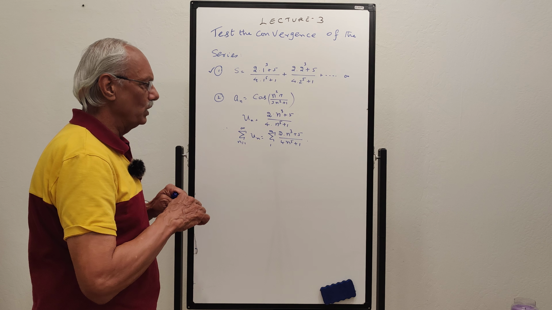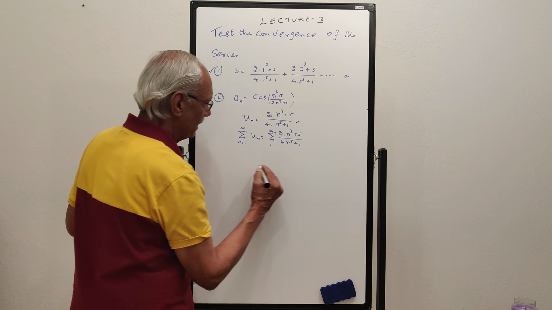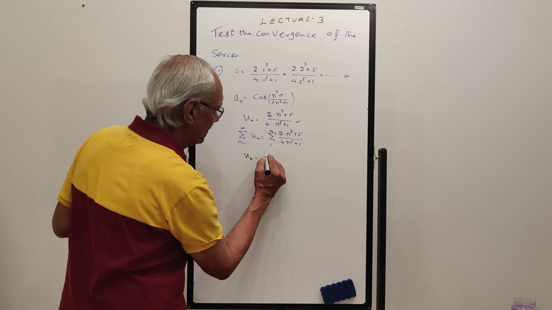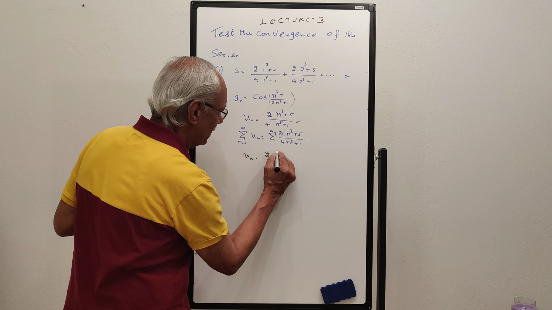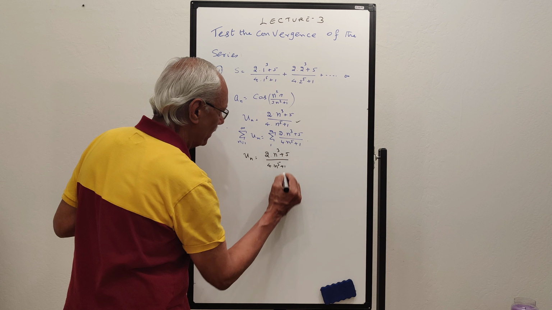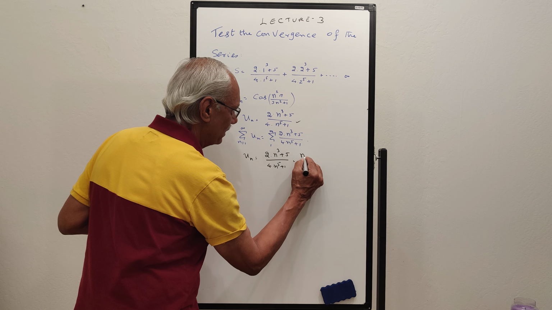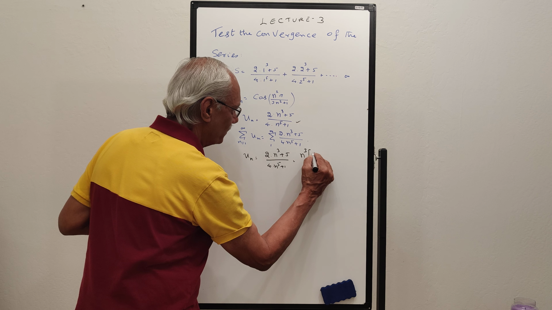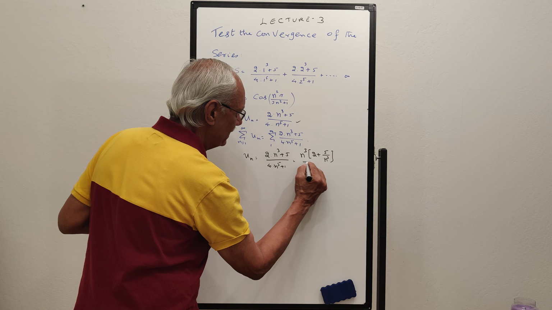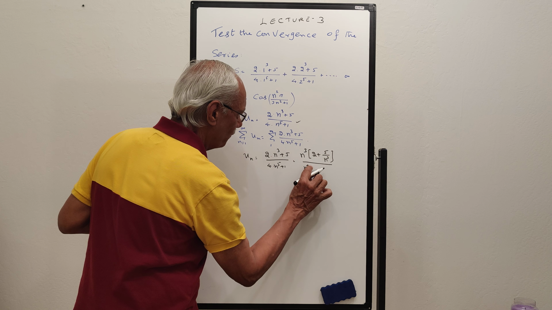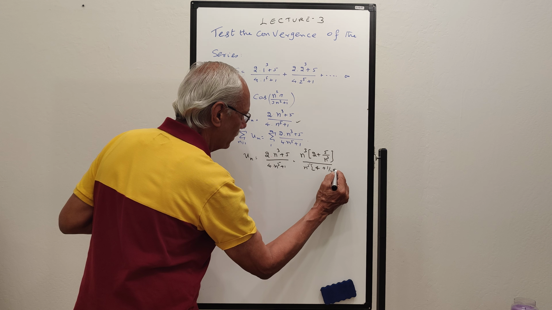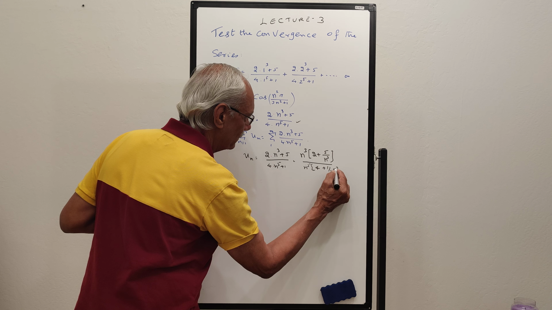Having known this un, now un is equal to 2 into n cube plus 5 divided by 4 into n to the power of 5 plus 1. Taking the highest power n cube outside in the numerator, we get 2 plus 5 by n cube, divided by n to the power of 5 within brackets 4 plus 1 by n to the power of 5.